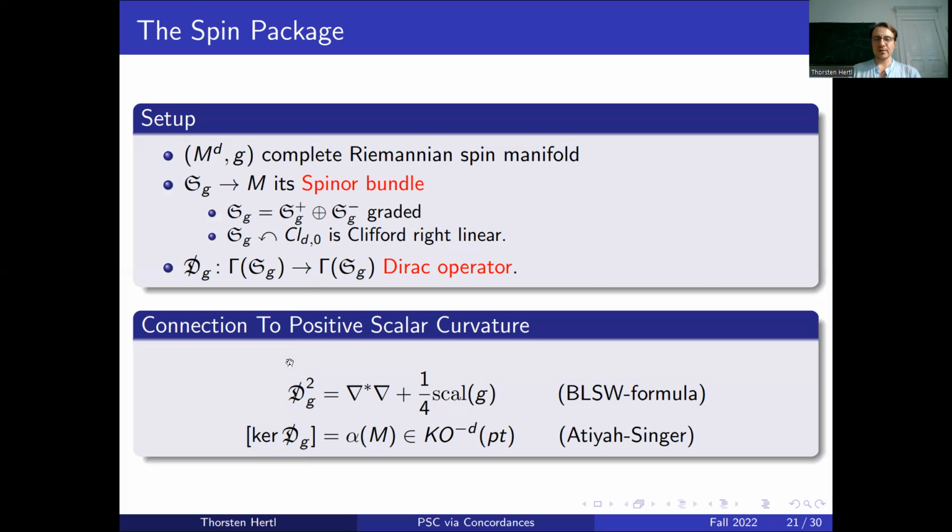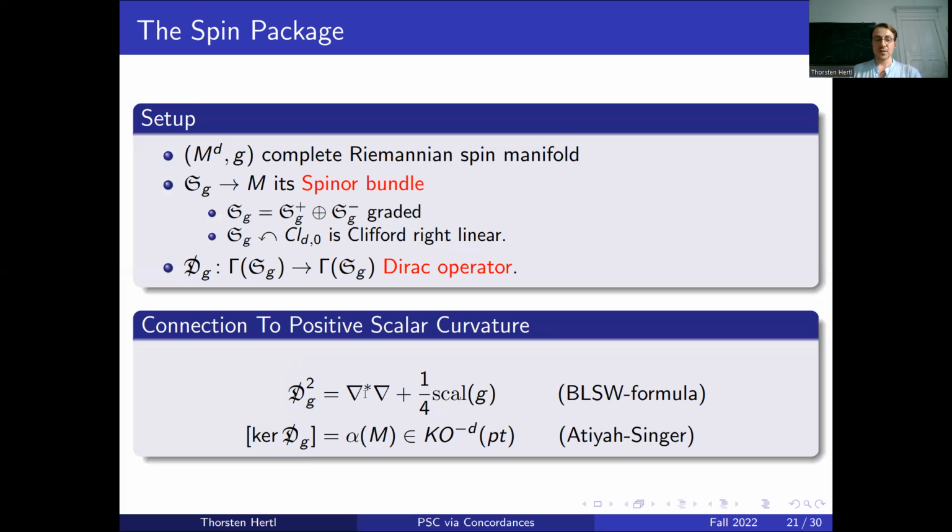Namely, the Bochner-Lichnerowicz-Schrödinger-Weitzenböck formula tells us that the square of the Dirac operator equals the connection Laplacian plus 1/4 of the scalar curvature. Since the connection Laplacian is non-negative, this formula implies that the square of the Dirac operator is invertible if the scalar curvature is positive. Hence, also the Dirac operator is invertible.